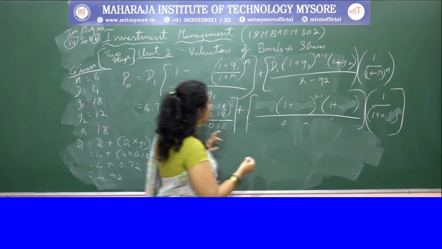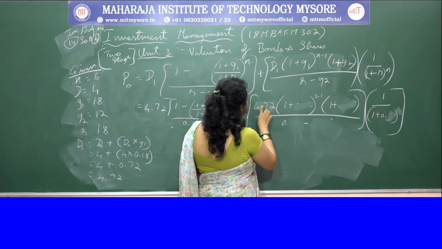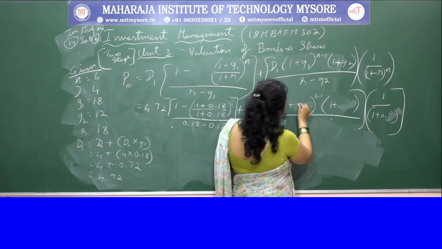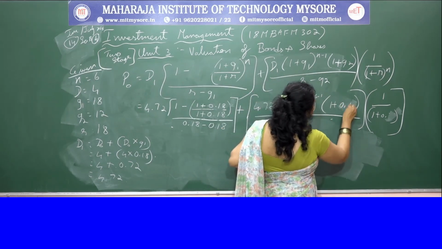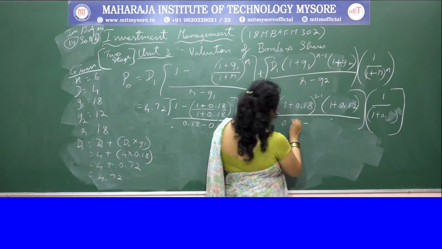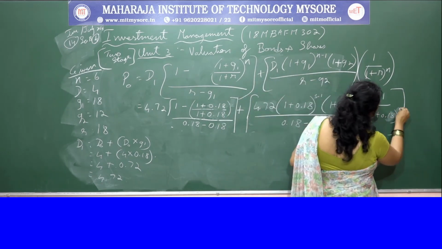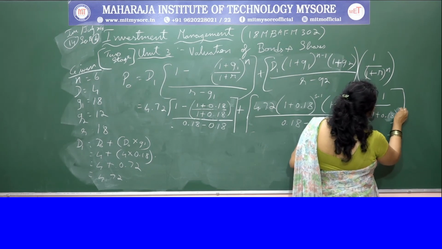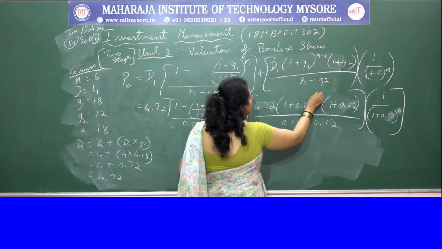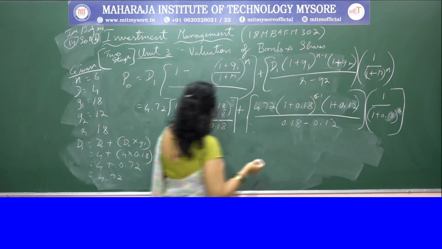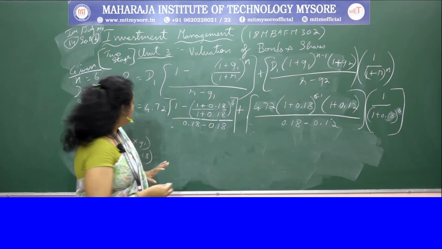Then you have D1 is 4.72, G1 is 0.18 and G2 is 0.12. So 1.18 to the power of 6. Here it should be 6 minus 1 and here it should be 6. So I've done the substitution.